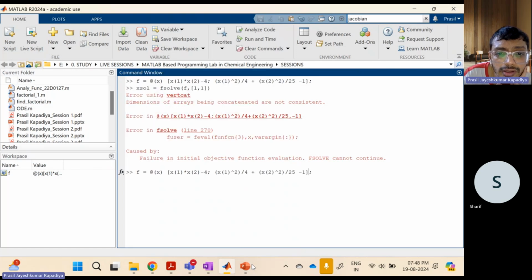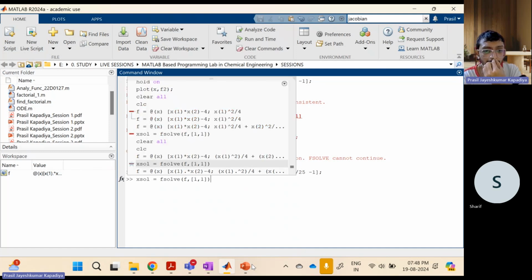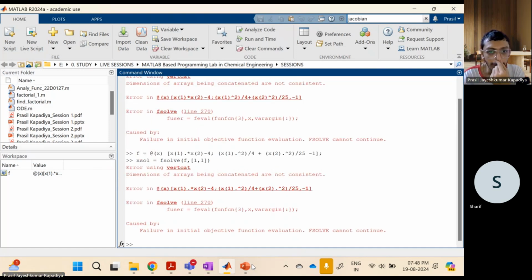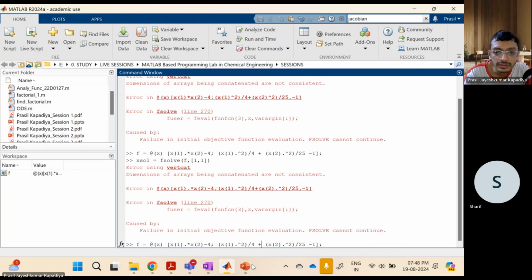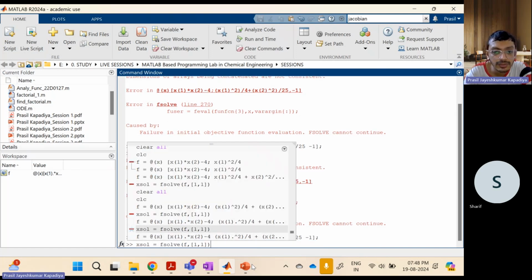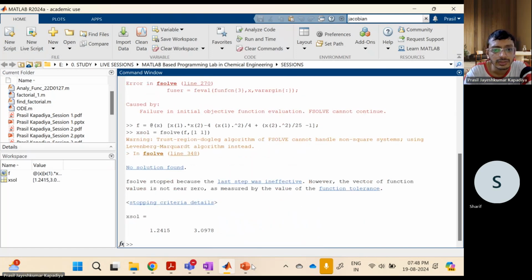I can't find it out. It is 1 comma 1, right? Okay, let's do one thing. It says no solution, but there is one solution, we know. It is some typo error that I am not able to find right now. But this is how we can solve it.